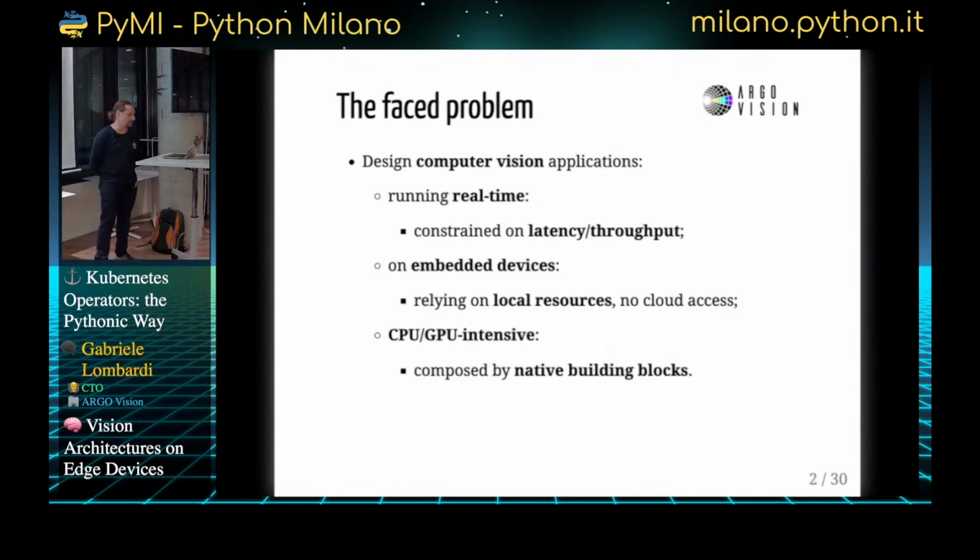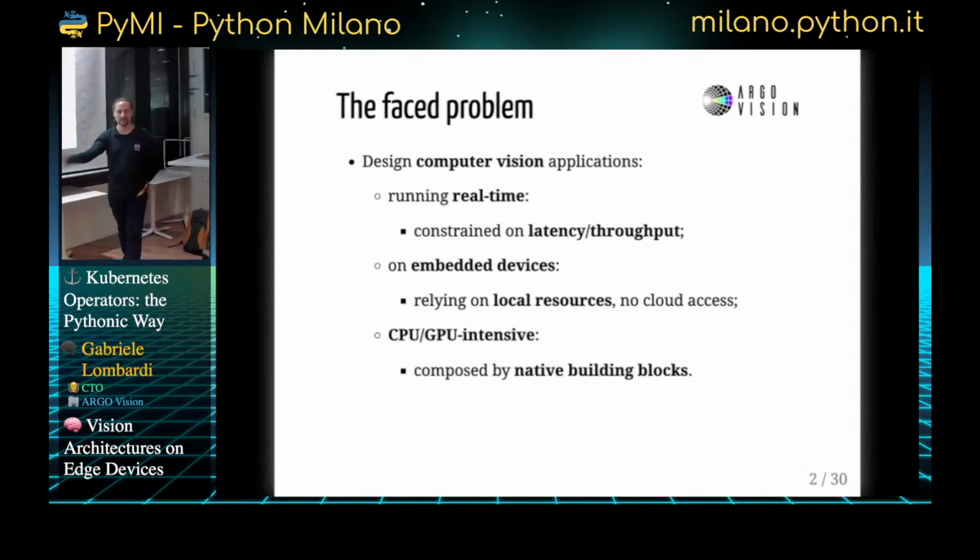Obviously, these kinds of applications are CPU and GPU, VPU, and whatever intensive. And we will consider them as a composition of building blocks. Also, if we write new algorithms, generally we develop these building blocks and then we have the issue of composing them, also if they are custom.